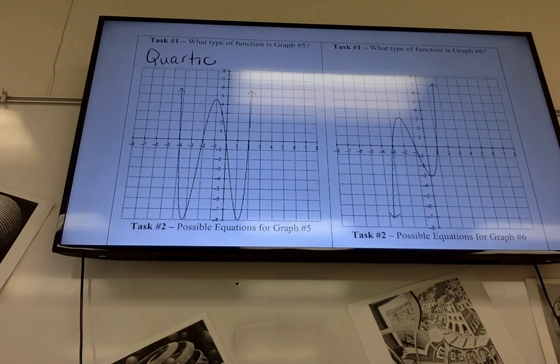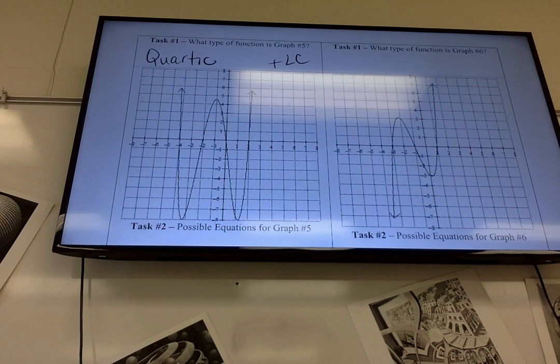Yes, one of them is going to have a negative leading coefficient. Are these words ringing a bell? Numbers in front of the x to the 4th, if it's negative, which way would it point? Down. Positive, up. So these are just things to mull over and think about. So this one would be positive? Yep.